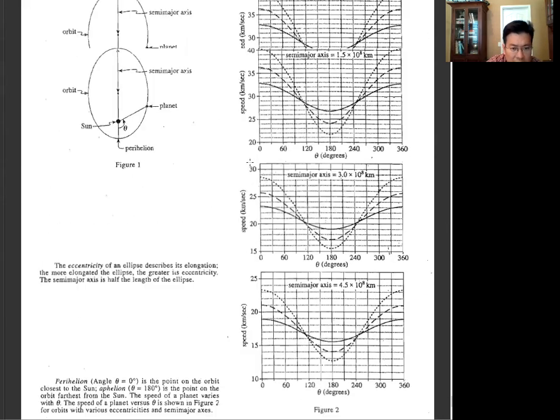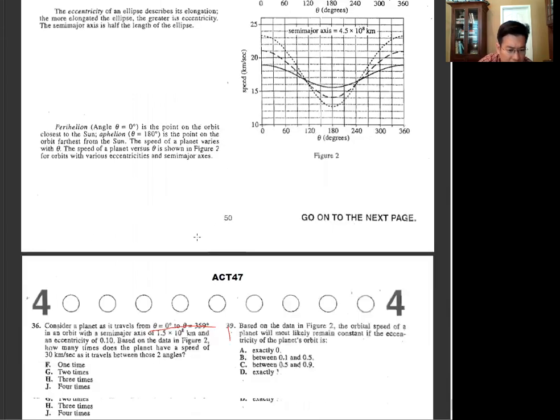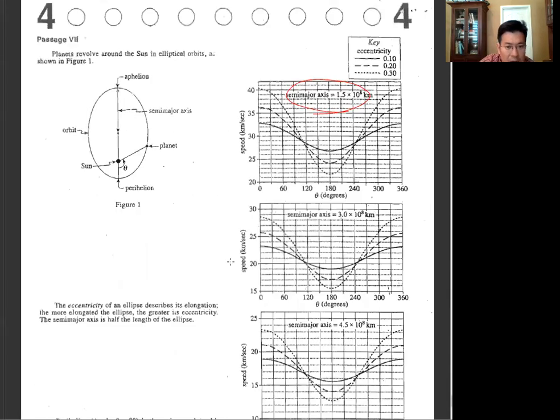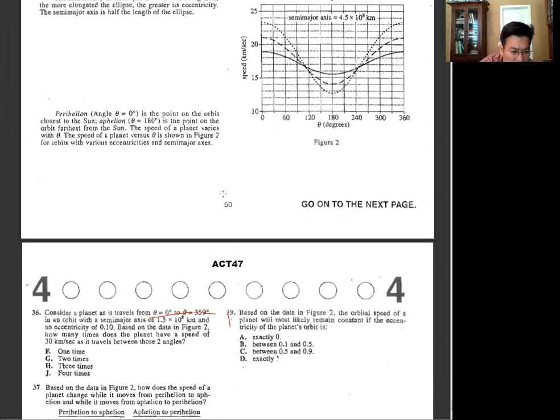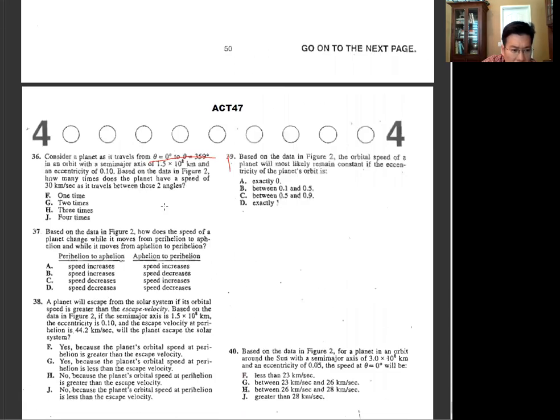So this one we have to look for, and then the eccentricity is 0.1, which is the solid line, and then go 130. So 30 is on a line like this one, 1 and twice, so 2 times.